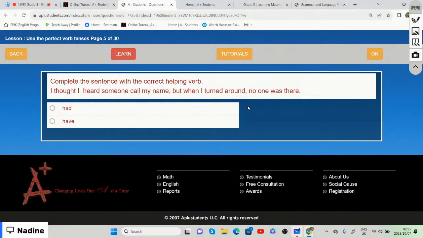So we need to choose either had or have, the correct helping verb to complete the sentence.